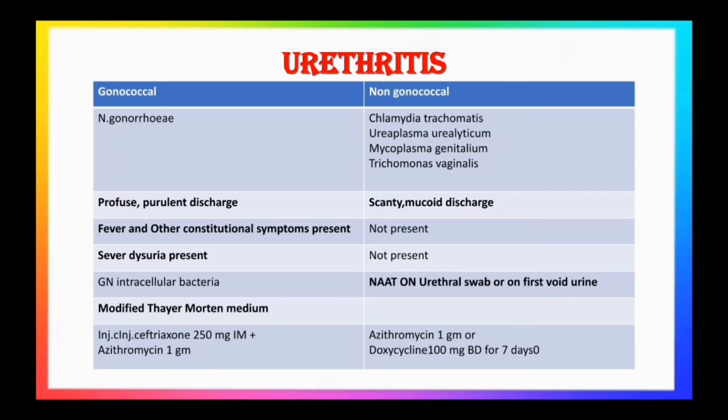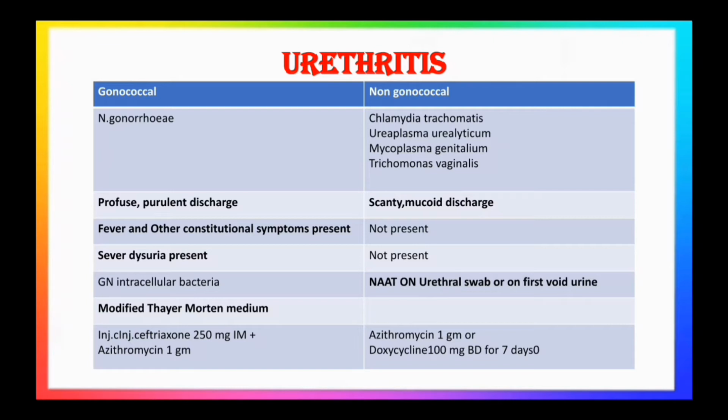Gonococcal urethritis presents with profuse purulent discharge, fever and other constitutional symptoms, and severe dysuria, while non-gonococcal urethritis presents with scanty mucoid discharge, and there will not be fever and dysuria.